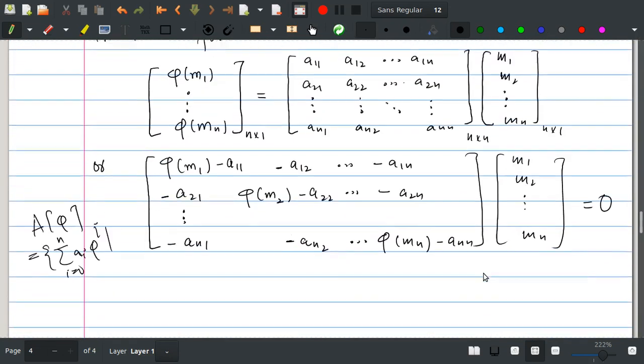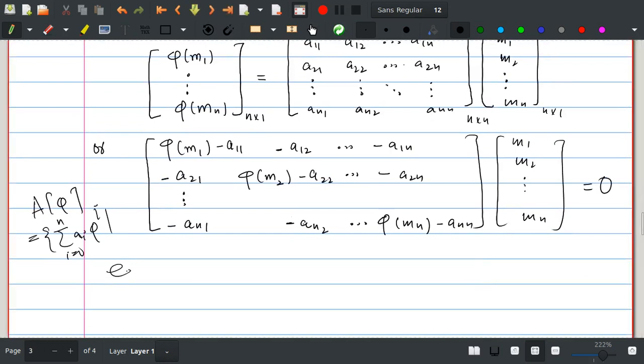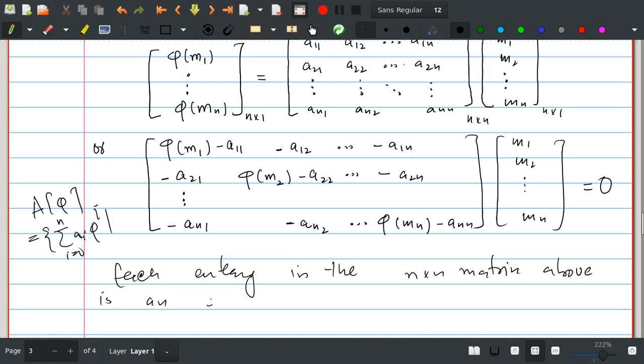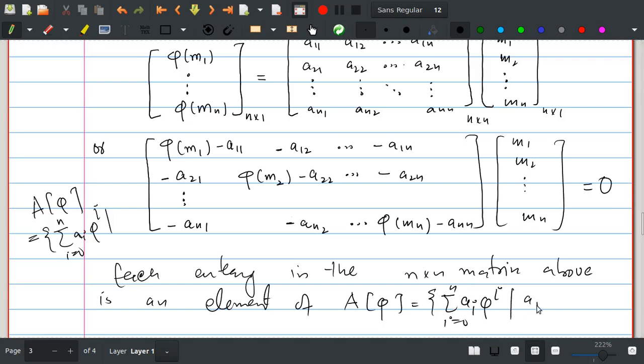So each entry in the n cross n matrix above is an element of A[phi], which is the set of sums of a_i phi to the power i, where i runs from 0 to n, a_i is in A and n is a natural number.